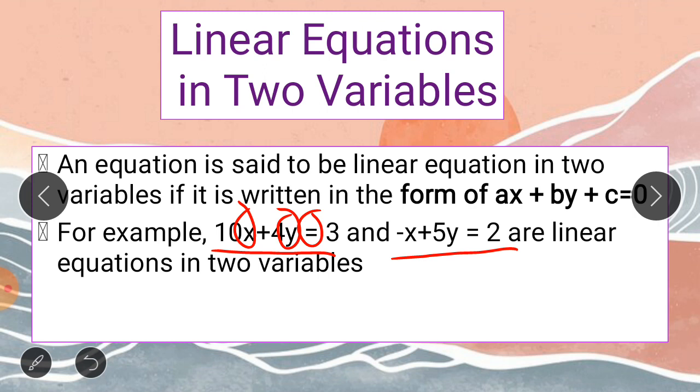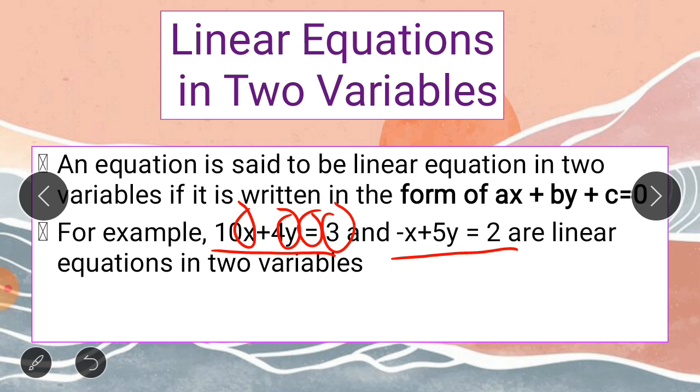Basta ang importante may x, may y, at may equal sign. At syempre, may constant. Yung constant, kahit anong number, pwede siya maging constant. Kahit may numerical coefficient or wala ang x or y, okay lang. Basta may x, may y, may equal sign, at may constant, alam mo na yun ay linear equation in two variables.